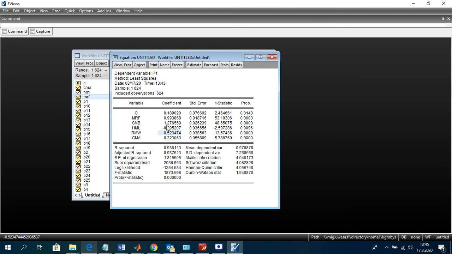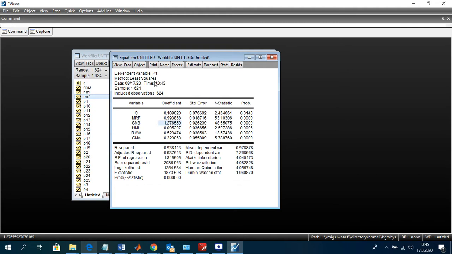So if we read from the correlation, from the covariance, which is embedded in the estimates, we see that this portfolio invests in small stocks because the point estimate against the SMB factor is significantly positive, 1.27.